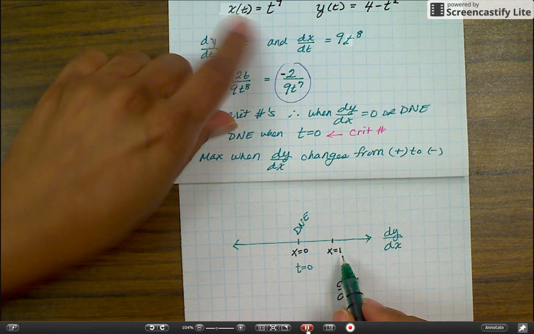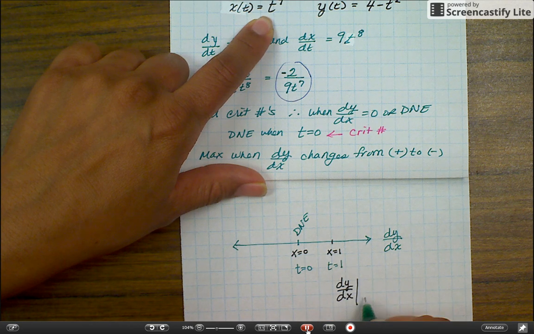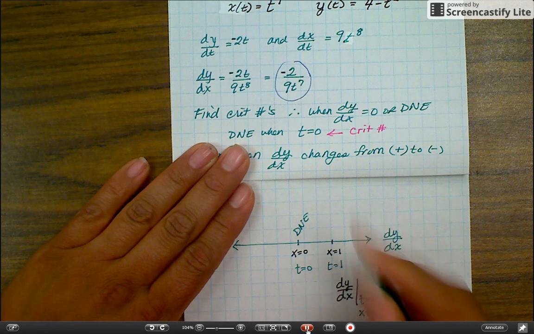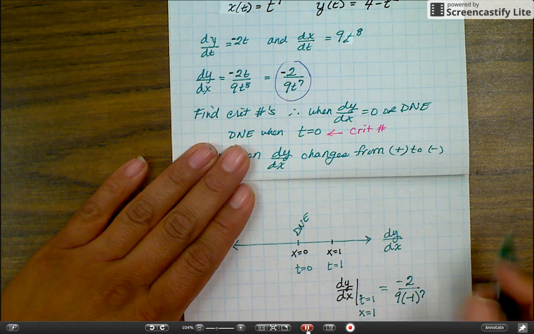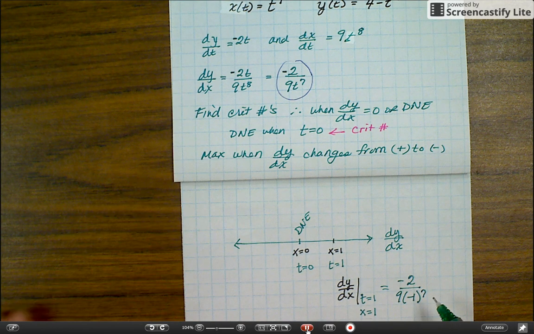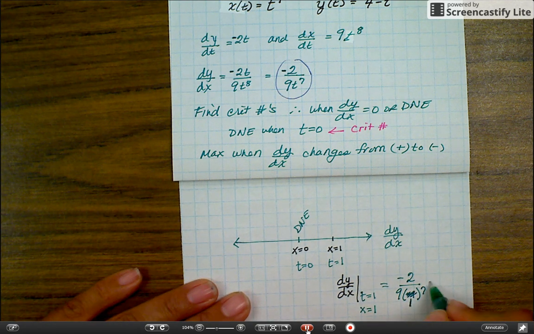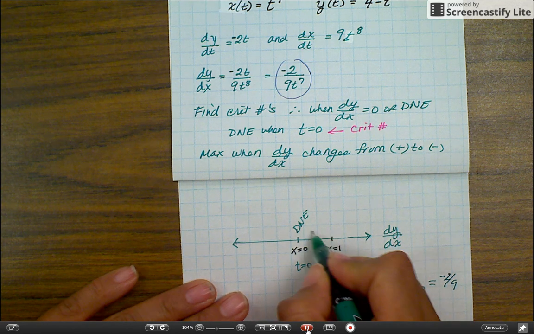Since x is t to the 9th, then t must be 1, which is the same thing in this situation as x being 1. So let's find out what that is. That is negative 2 divided by 9 times positive 1 to the 7th power. So this is going to be negative 2 over 9, which is a negative.